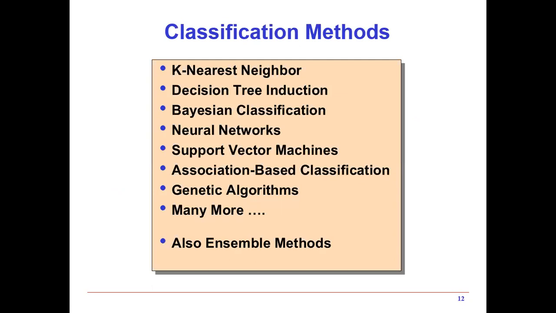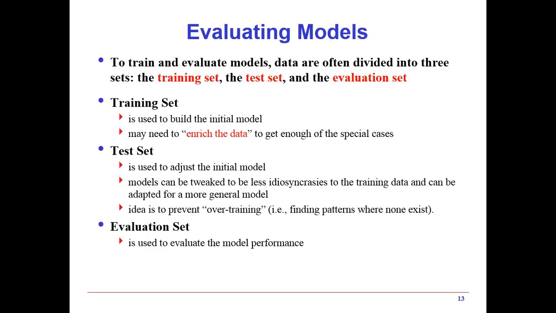We have many classification methods: K nearest neighbor, decision tree induction, Bayesian classifier, neural network, support vector machine, association rule, genetic algorithm, and many more. In this unit, I will cover the K nearest neighbor, decision tree, and Bayesian classifier in upcoming classes.